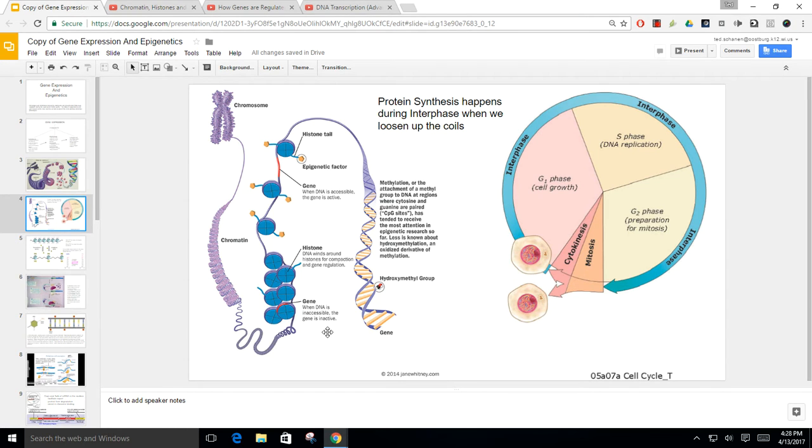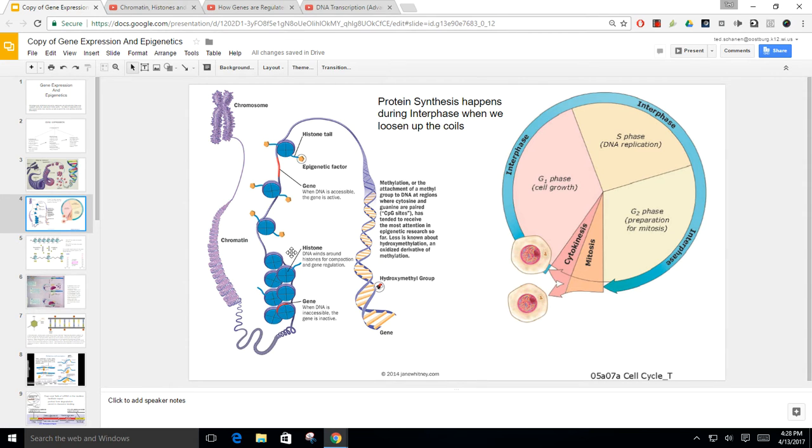And what that means is, if this is the little part of the gene here, we got to get that loosened up, because when the gene is wrapped so tightly around the histone, we can't actually begin transcription because none of those transcription factors can land, and RNA polymerase cannot land when these are so tight.